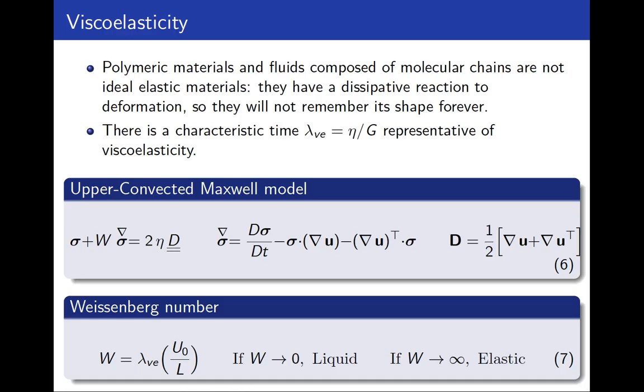So why are these concepts useful, or how can they be useful to explain viscoelasticity? Well, polymeric materials and fluids composed of molecular chains are not ideal elastic materials because, as I said before, in a perfect elastic material, a perfect spring, when you stretch it, it will return to its initial configuration as soon as you remove the force you were applying. But polymeric materials do not behave like perfect springs.